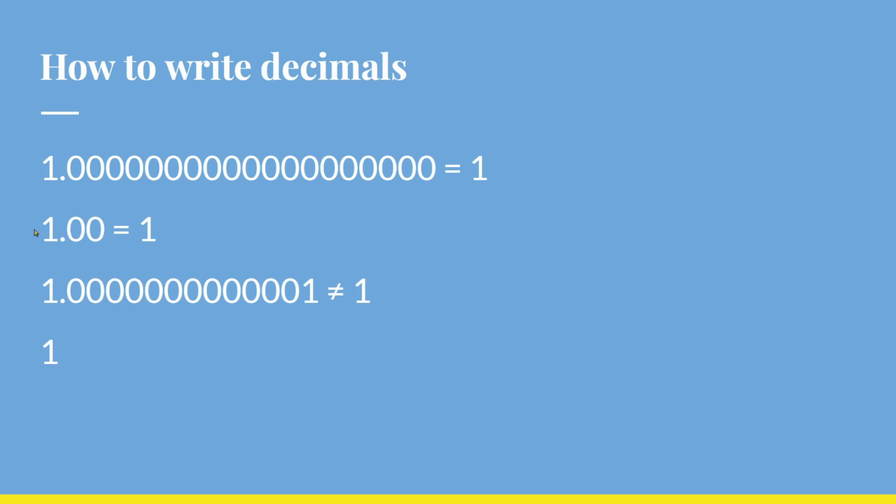Same with just 1.00, it's equal to 1. Alright, now let's go to this one, 1.00000 all the way to 1. That is not equal to 1. We will write this out as 0.00001 if asked to.